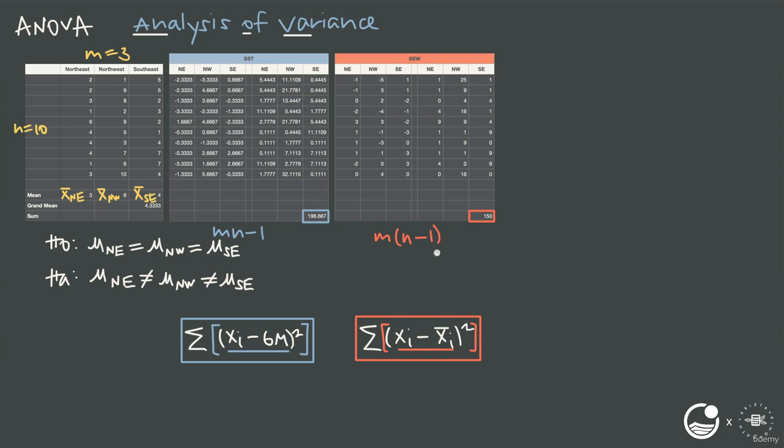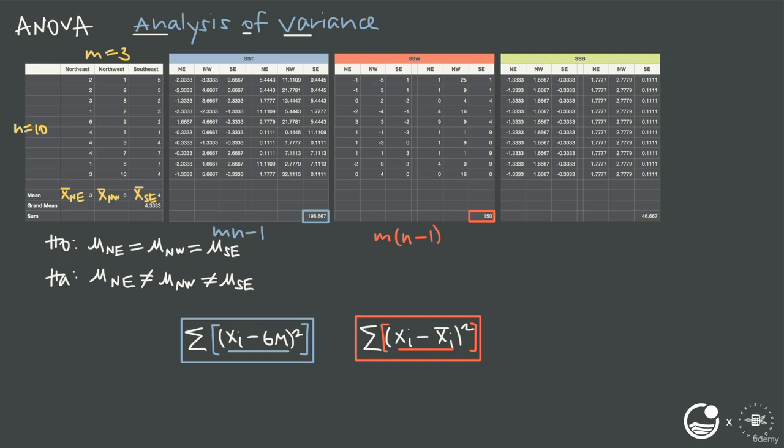And then the last thing we have to do is calculate sum of squares between. For every single data point, we take the mean for the set and subtract the grand mean. Then we square those values and take the full sum. For the first data point here for the Northeast, the 2 at the top of the Northeast column, we don't actually use this 2 at all.